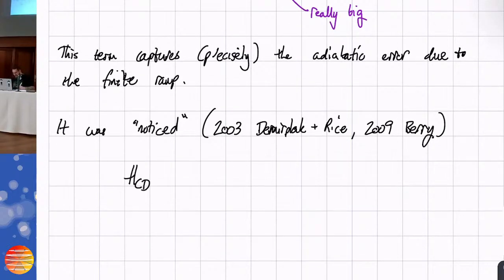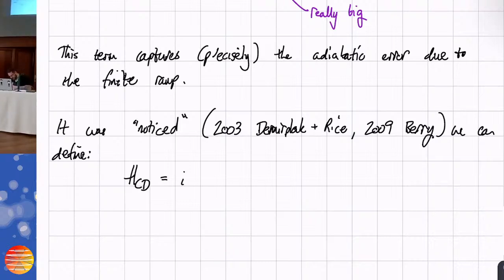So we can define, in the normal nomenclature, the counter-diabatic term, the Hamiltonian that counters non-adiabatic transitions, okay? Or it counters diabatic transitions.